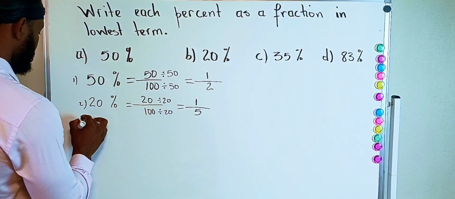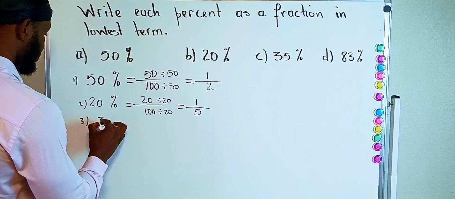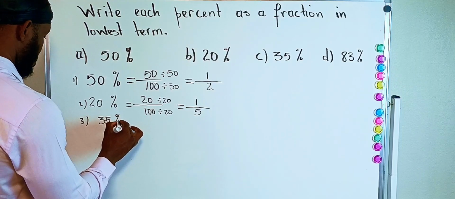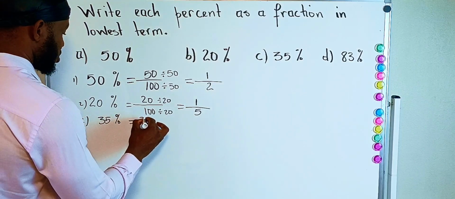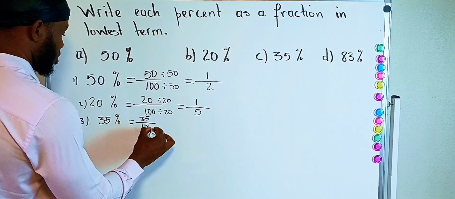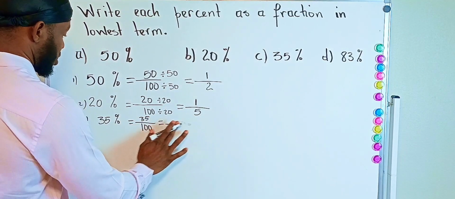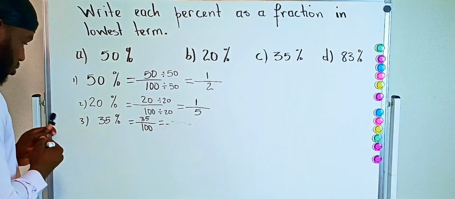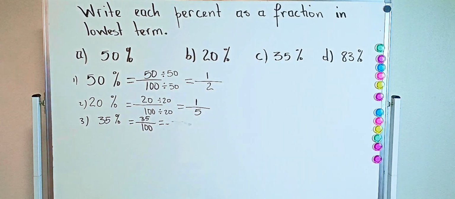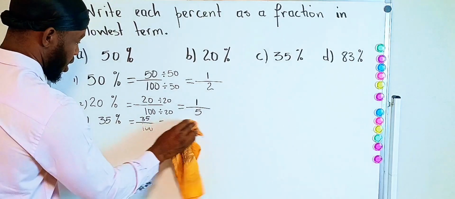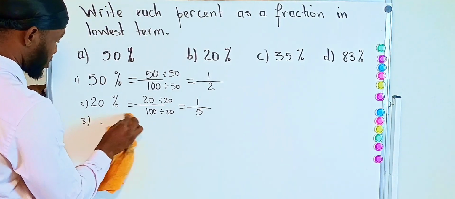Let's go for the third one, which is 35%. 35% equals 35 over 100. Let's rewrite it a little bit down.